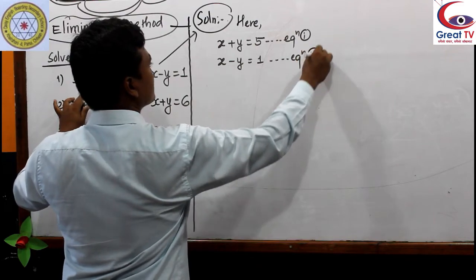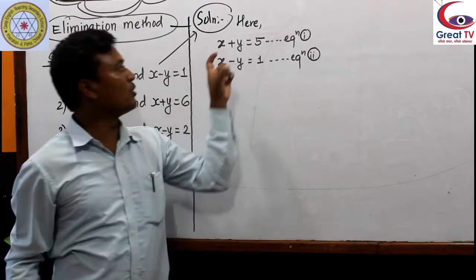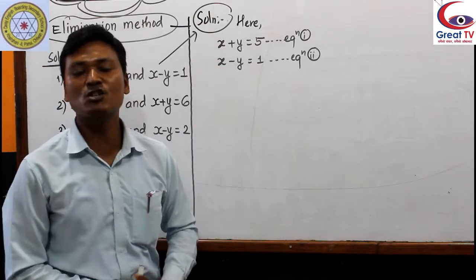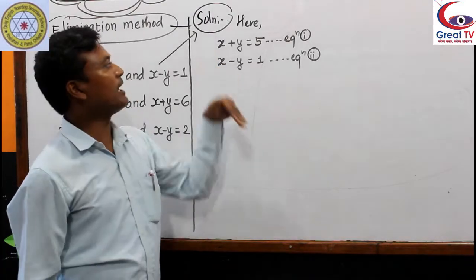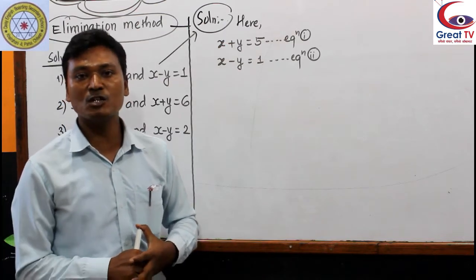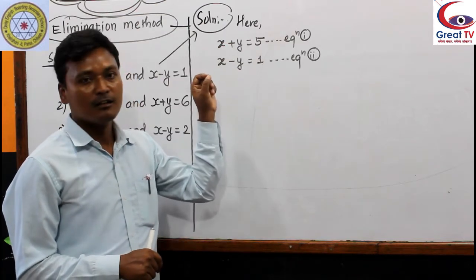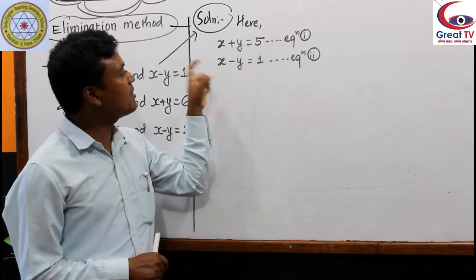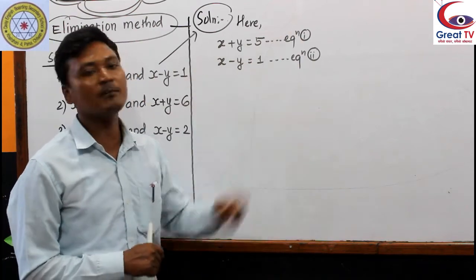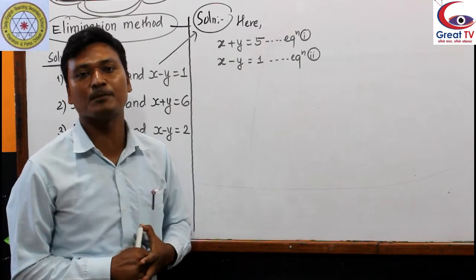Equation second. How many variables do we have? Two variables, x and y. By elimination method, we find the values of x and y first. By eliminating x, we get the value of y first. If we eliminate y variable, we get the value of x first.